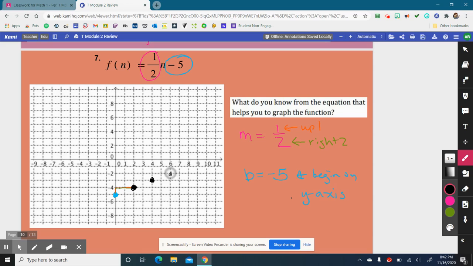Now I only want you to plot 3 dots, right? A blue dot and 2 black dots. And then, because this is just an equation, it's not a situation, I'm just going to draw the line of the graph. And it's not going to be great. It's not going to be amazing. But there it is. Okay, and it's a straight line as it should be.